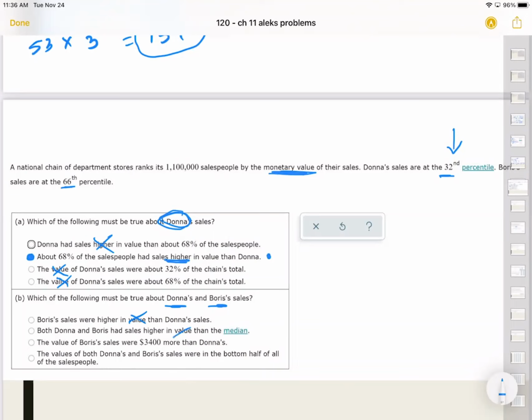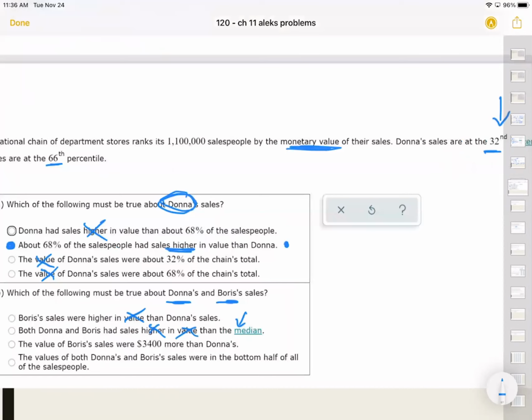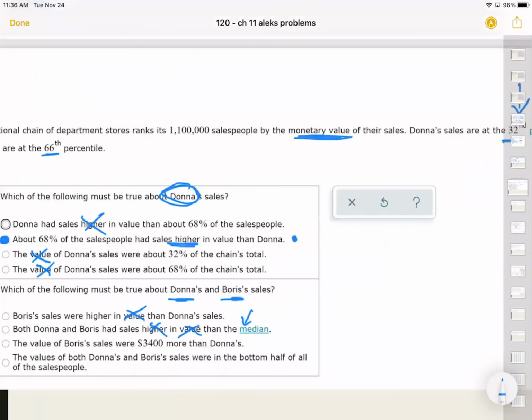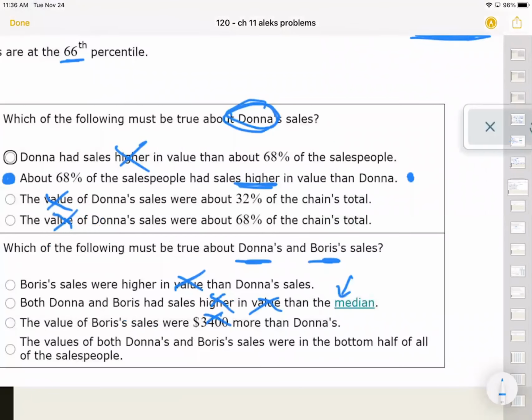Well, we don't know, and this cannot be, because the mean is the middle number, and 32 is not above it, so it's not higher. The value of Boris's sales was 34. Again, we don't know the actual value. The value of both sales was in the bottom half.